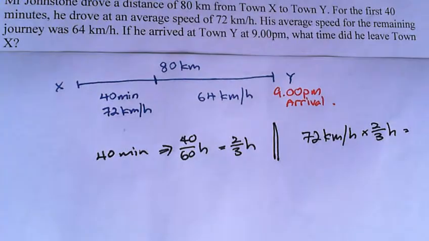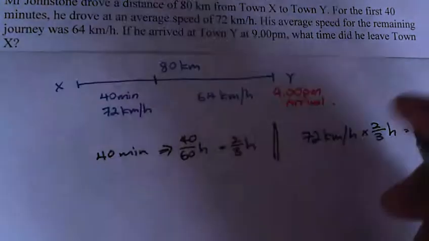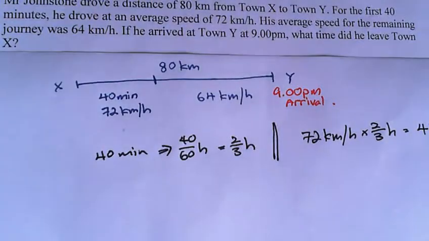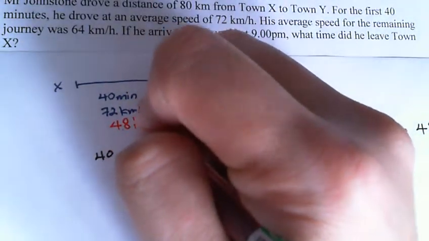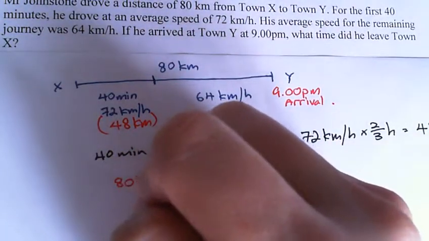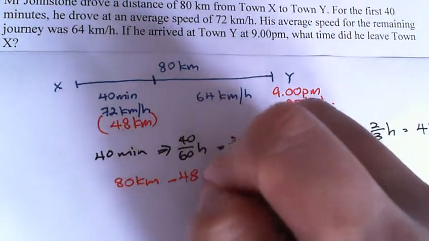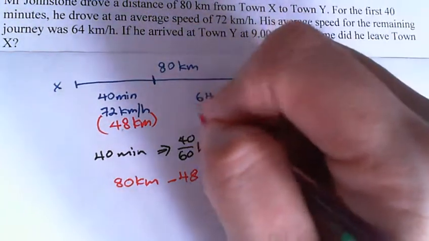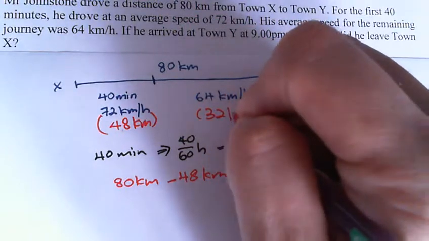I will get 48 kilometers. So in this portion, he traveled 48 km. So the remaining must be 80 km minus 48 km, which gives 32 kilometers.